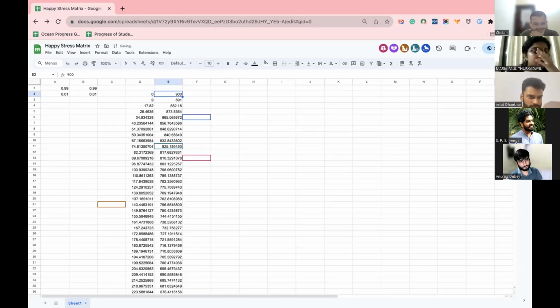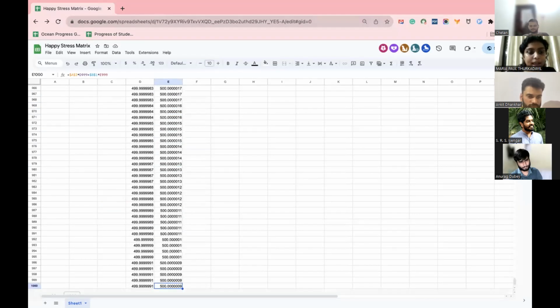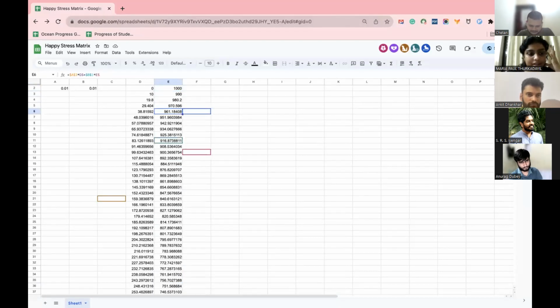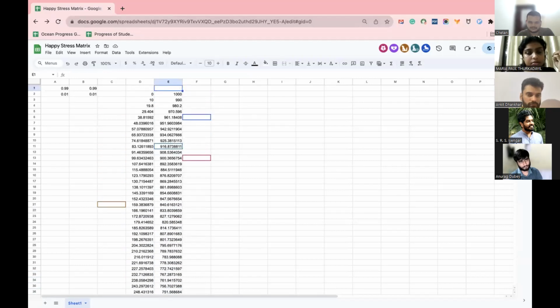If the rates are the same, like if the flow is the same from happy to stress, then it converges to 500.